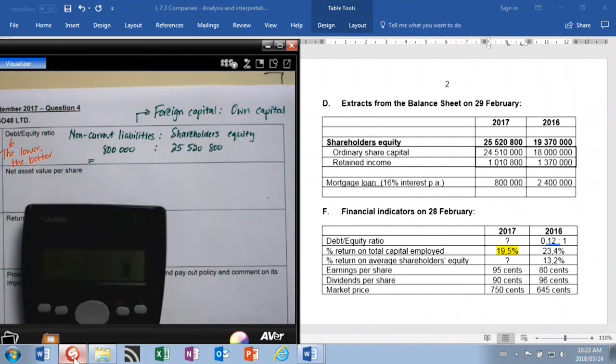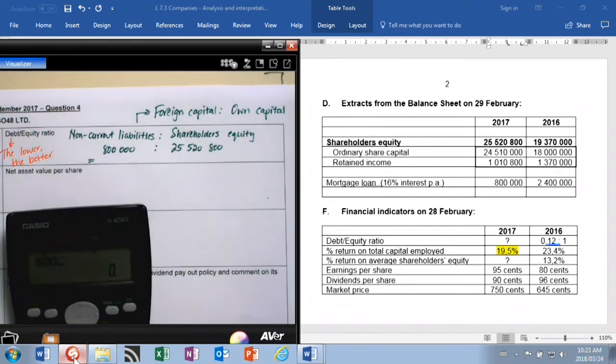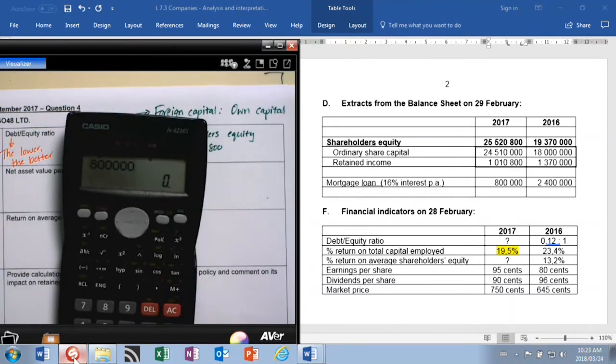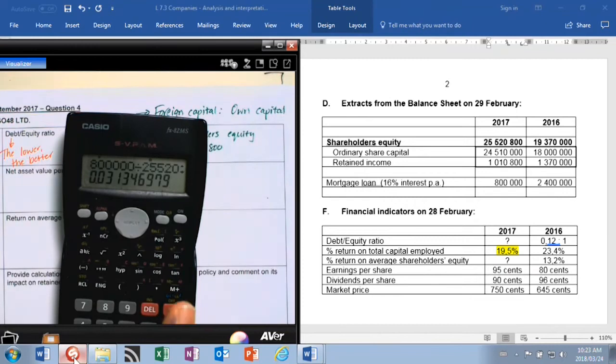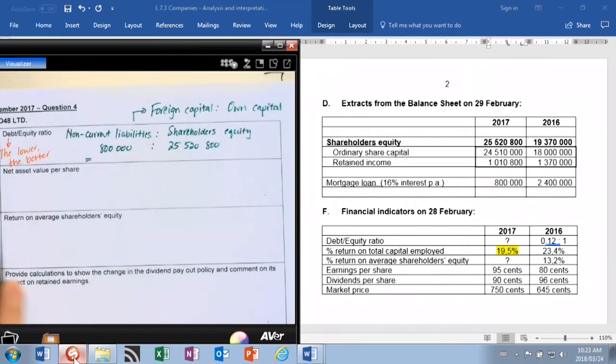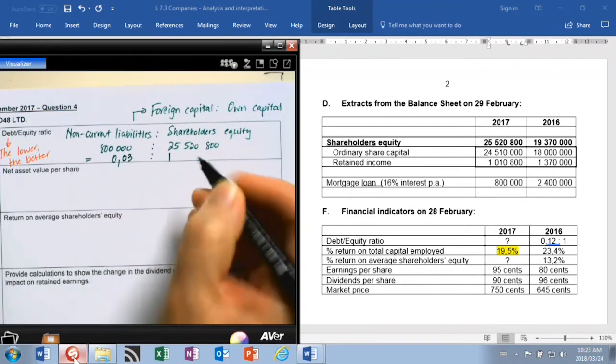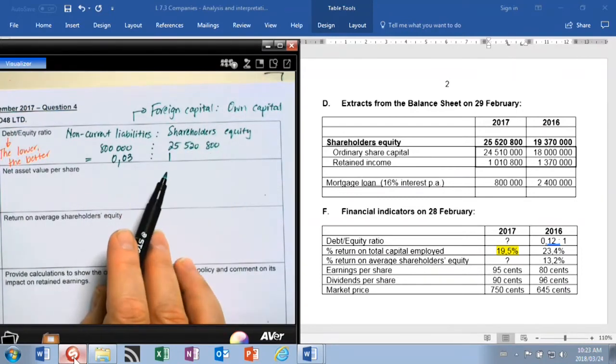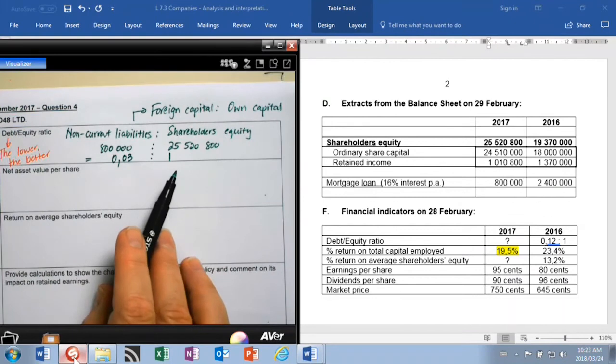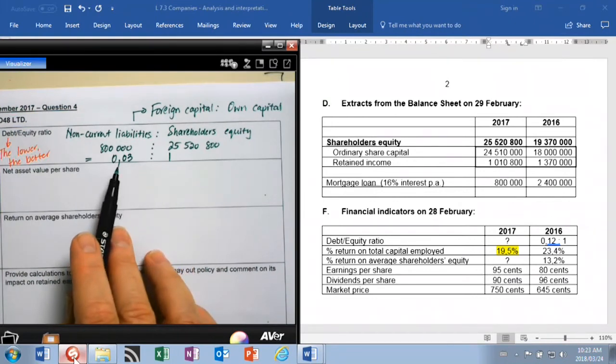So we put the 800,000 in there, 800,000 divided by 25520,800, and that gives us 0,03 to 1. Meaning that for every 1 rand own capital, we only owe 3 cents to the loan there.